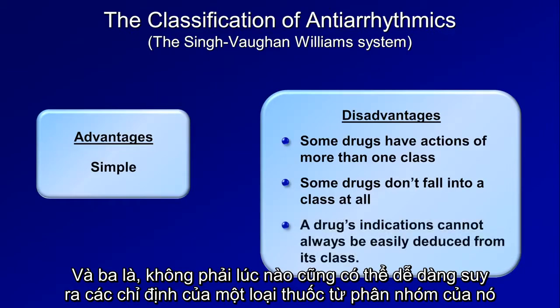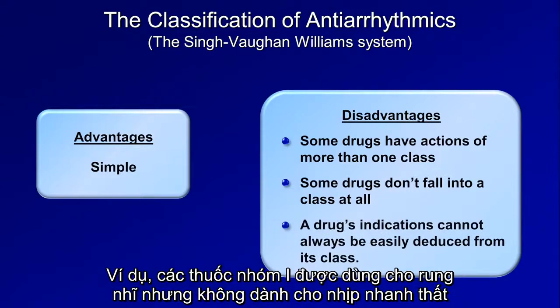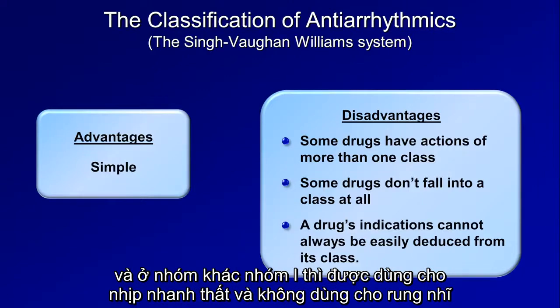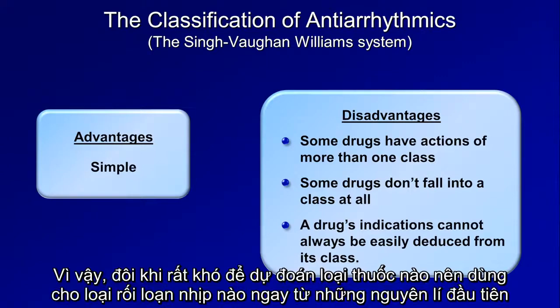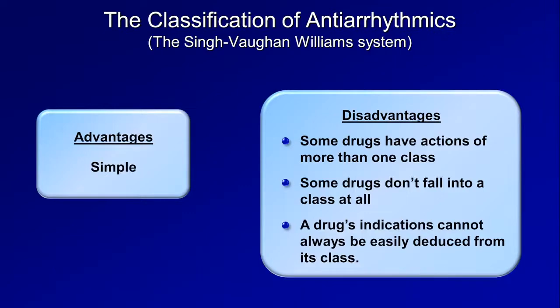And third, a drug's indications cannot always be easily deduced from its class. So, for example, some Class 1 drugs are used for atrial fibrillation, but not ventricular tachycardia, and other Class 1 drugs are used for ventricular tachycardia, but not AFib. So it's sometimes difficult to predict which drugs should be used for which arrhythmia from first principles.